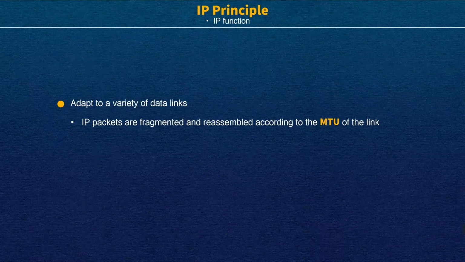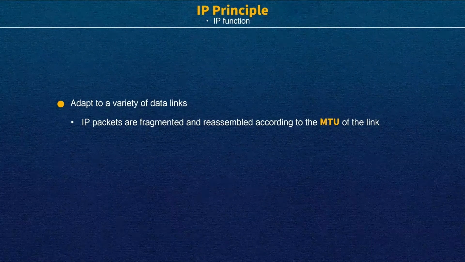For example, maybe we design the maximum unit as 1500 bytes, but the packet we actually send out is oversized. For example, maybe you download a video, but the video's total size is 1 GB. On the link, you cannot directly send 1 GB of packets because this is too big.